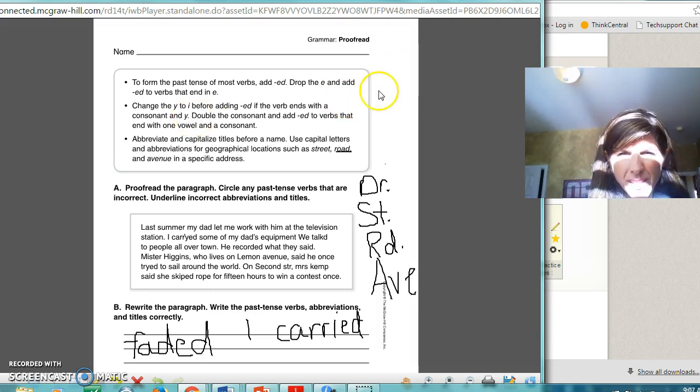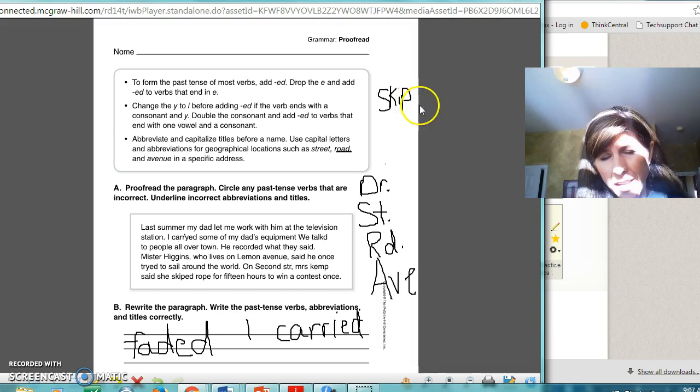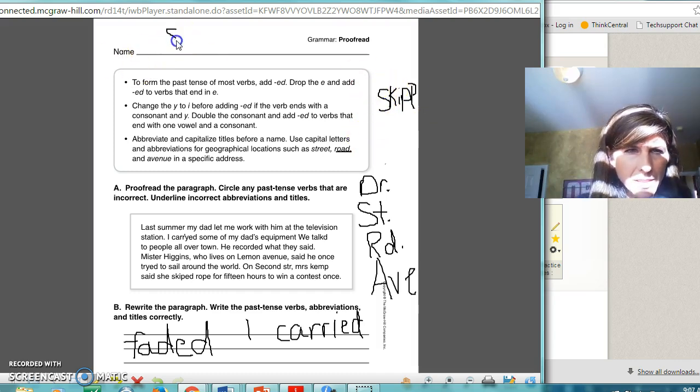When, like in the word skip, okay, there's also that rule where when it's a consonant and you want to add an ed, you need to double that consonant and add ed. And you can't see my ED there, so let's go ahead and write it up here. Skipped. S-K-I-P-P-E-D.